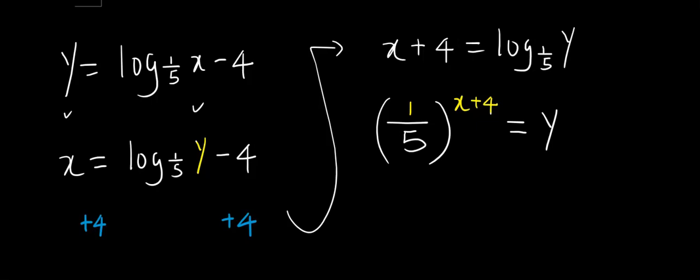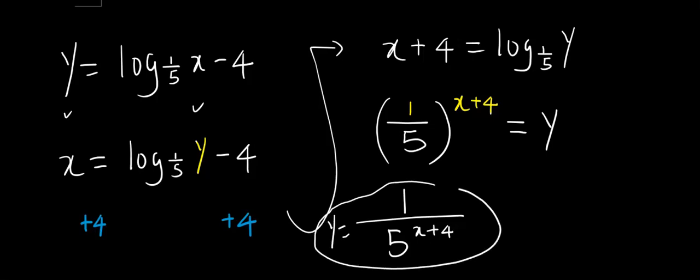This yellow highlighted part is not too hard, because 1 raised to this x plus 4 power is still 1. What we can do is put 1 out, and we put 5 here with x plus 4, and it equals y. And remember the last step, we want to write y on the left-hand side. Now we can happily bubble it and say it is all done.